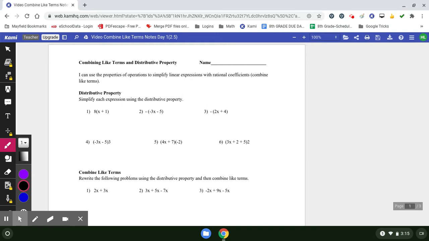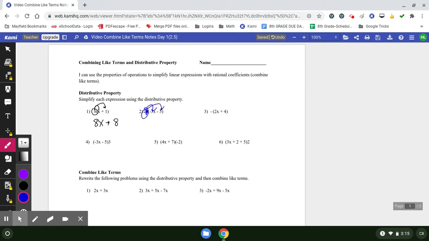So for number one, we're just going to review the distributive property. I'm going to distribute out the 8, and that becomes 8x plus 8. Number 2, you see a negative sign there, so I'm going to be distributing negative 1.